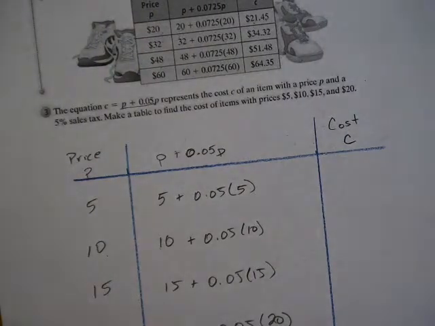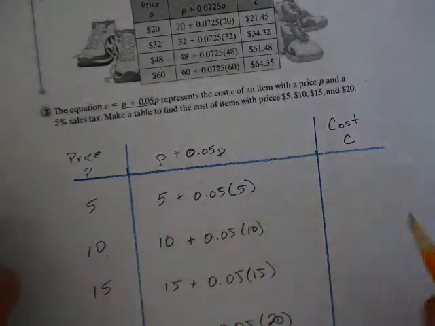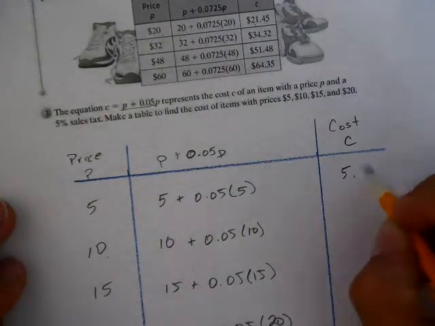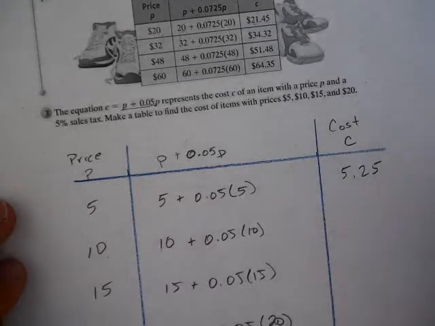At this point, this turns kind of into a calculator problem. So let me grab one of those guys. And I have 5 plus 0.05 times 5. So 5 times 0.05 is 25 cents. So 5 plus 25 cents is $5.25.